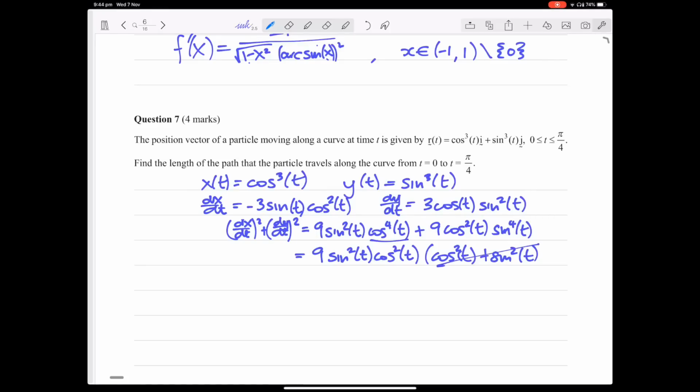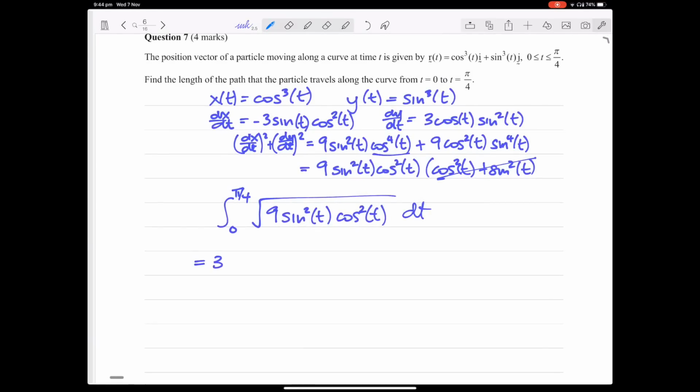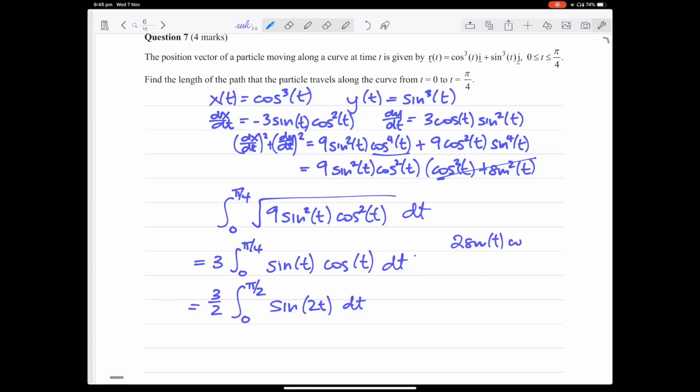So then this is the integral from 0 to pi on 4, the square root of 9 sine squared t cos squared t dt, which we also know is 3 times the integral from 0 to pi on 4 of sine t cos t dt, which we know is 3 on 2, 0 to pi on 2 of sine 2t dt, because we know 2 sine t cos of t is equal to sine of 2t.